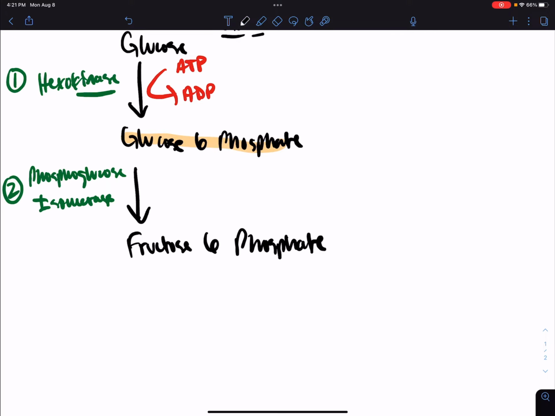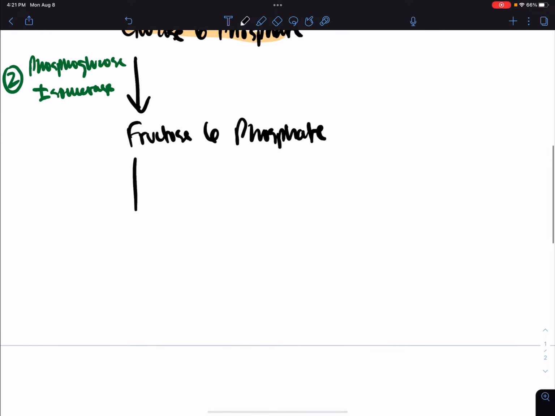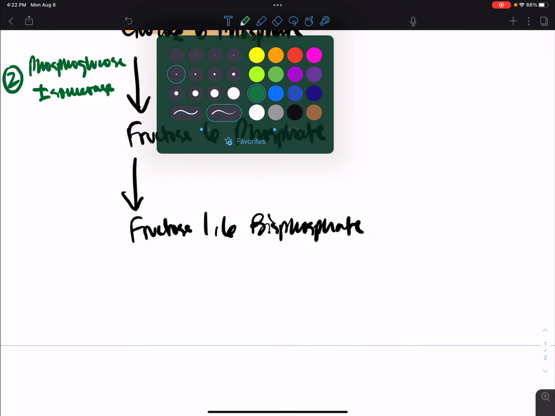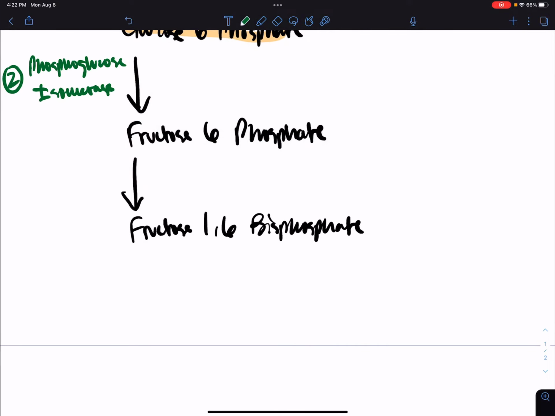From fructose 6-phosphate, we're going down to fructose 1,6-bisphosphate. So this is getting phosphorylated again. Now there's a phosphate group on the 1 carbon and the 6 carbon, so what kind of enzyme are we using? That's a kinase, right?